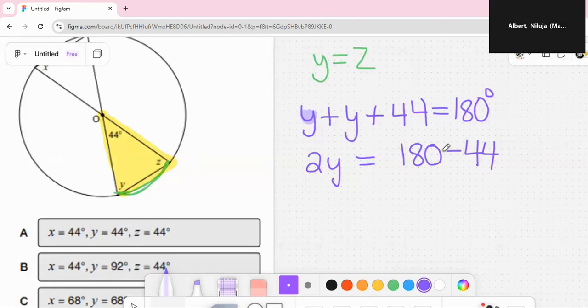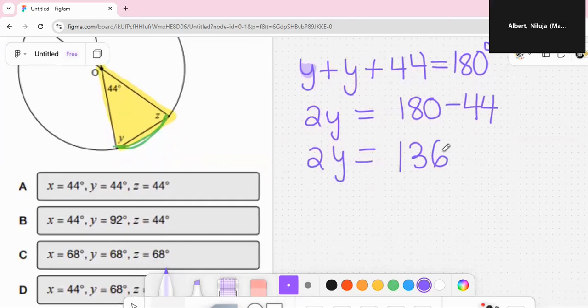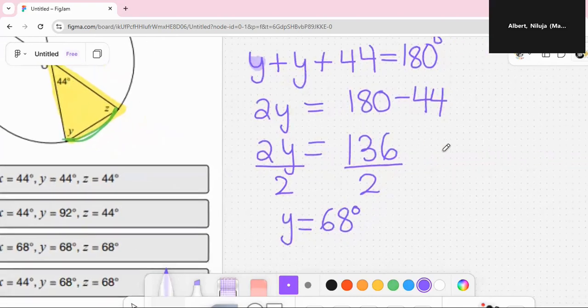So that should have given you 2y equals 136 degrees. Now we solve for y by dividing by 2, and you'll find that y is equal to 68 degrees. That also means, because z and y have to be equal, they're in the same segment and they're subtended by the same arc, z also has to be equal to 68 degrees.